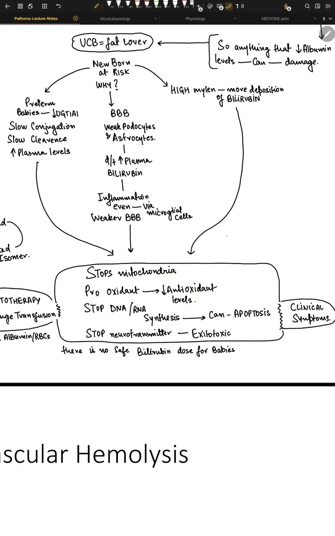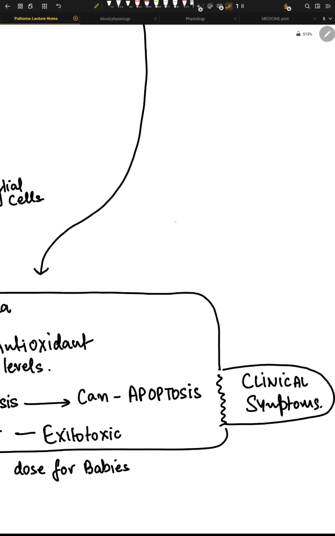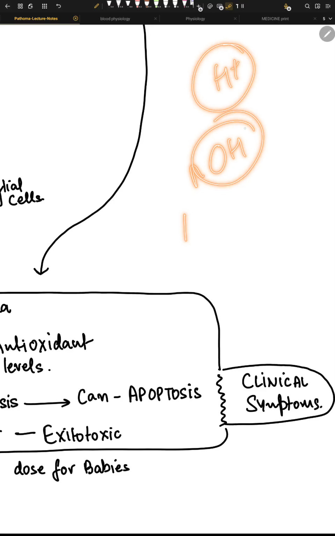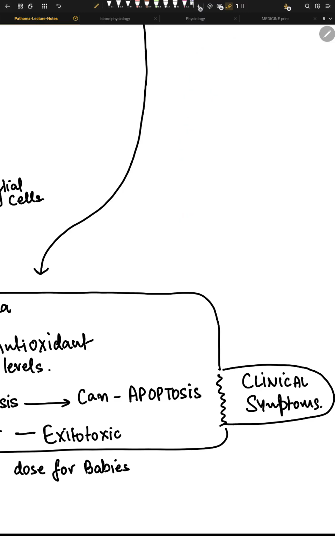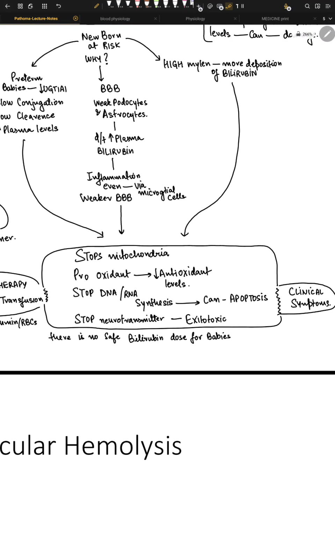We have these neutralizers already present in our body that can neutralize these OH free radicals. They just bind with them and then the neutralization happens, right? So this bilirubin actually decreases the levels of these antioxidant molecules.